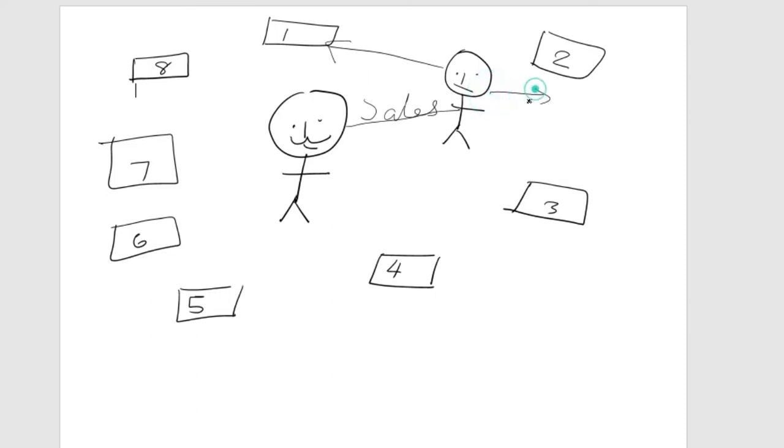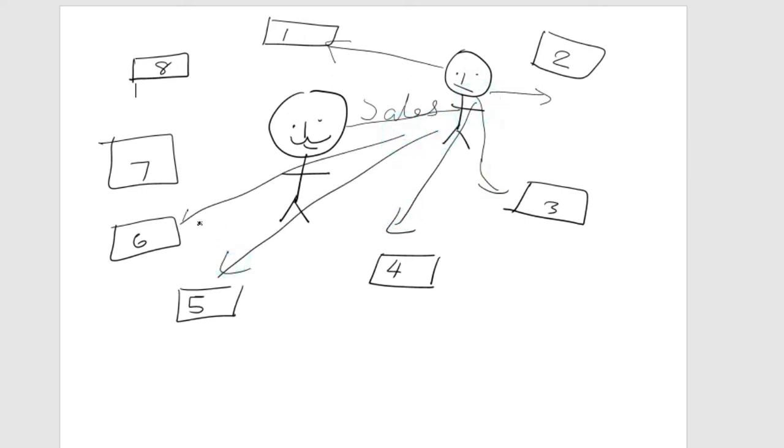Next, he will go to 2, then 3, then 4, then 5, then 6, then 7, then 8. And from this, the manager will come to know about the sales and he will pass the sales information on to our owner. Now again the owner is asking which product has been sold more today.